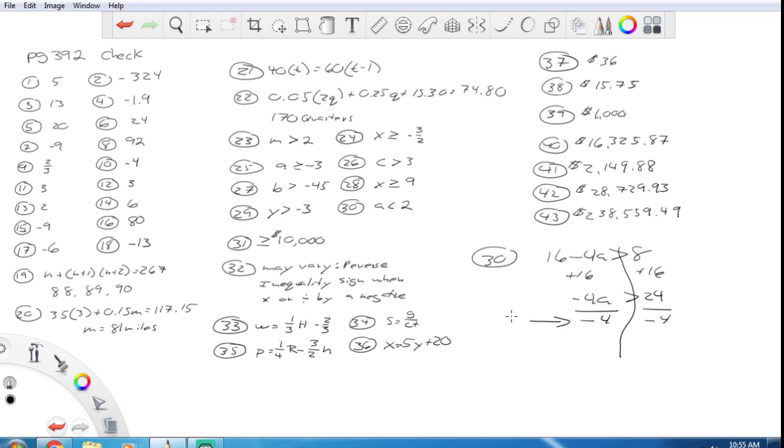This flips the inequality. This becomes a, and then 24 divided by 4 gives you your 6. Did I do that right? I'm sorry. Whoa. This is subtracting 16. Screwed that up.